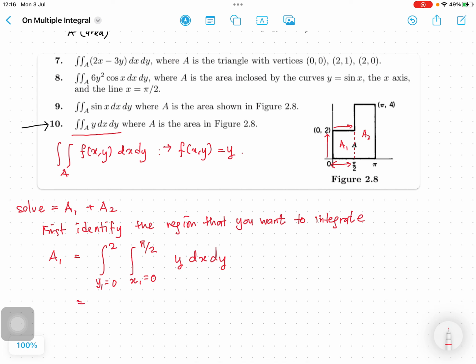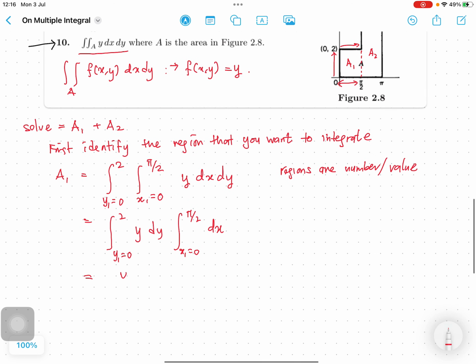And notice that the regions are numbers or values. Okay, so you can divide your integral like this, y dy, and then you just multiply dx.